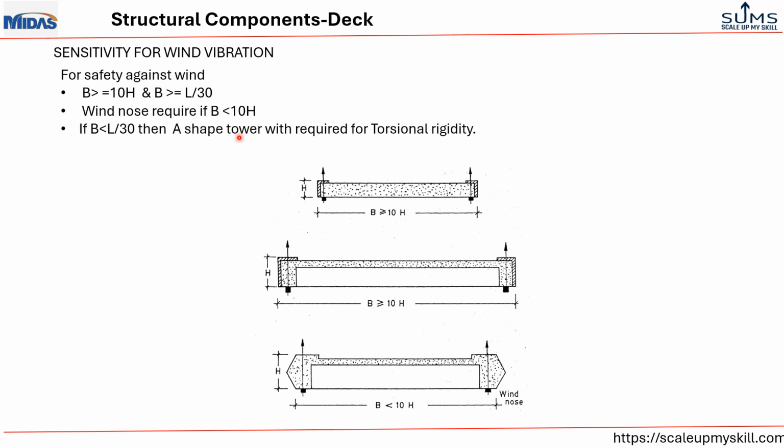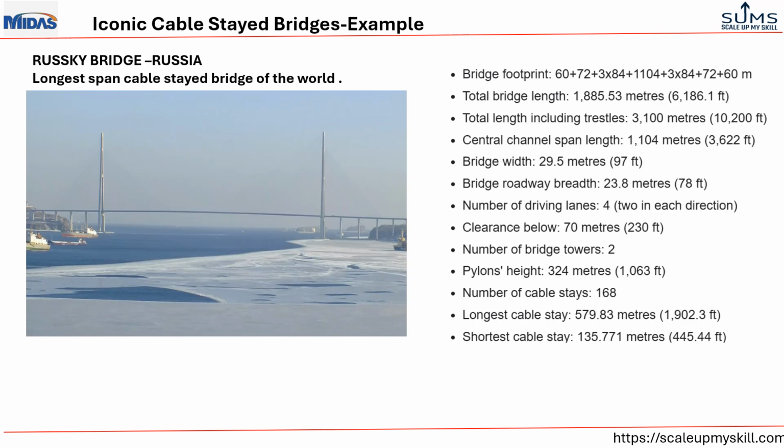And if these conditions are not met, then the deck requires a wind nose, as you see here, for the case where the width is lesser than 10 times height. And if the width is lesser than L by 30, then it also requires a shaped tower with additional torsional rigidity against vibration.